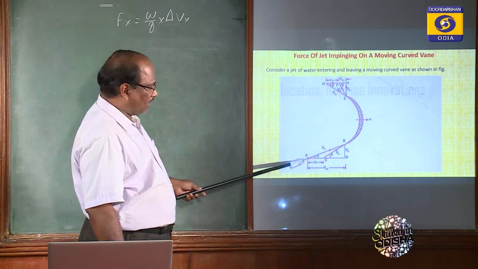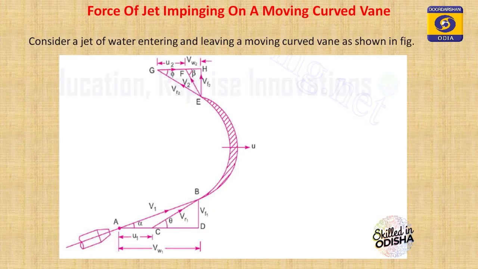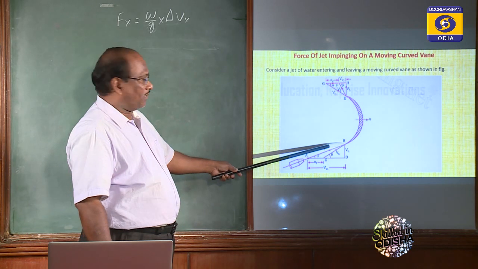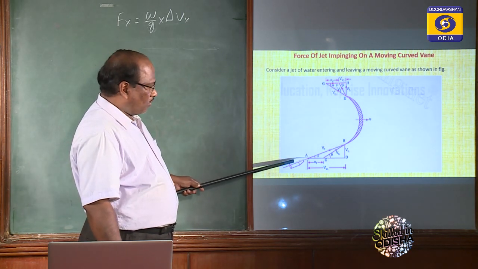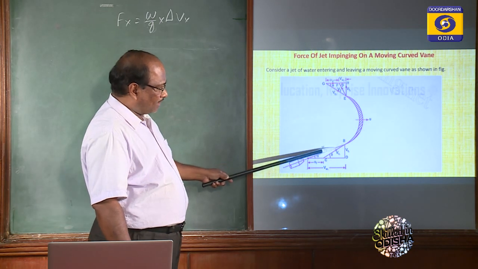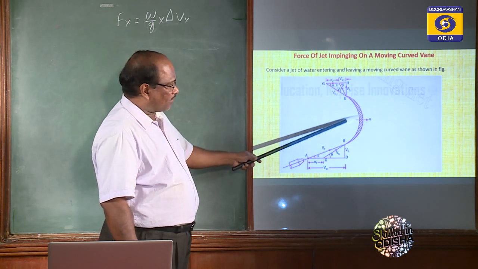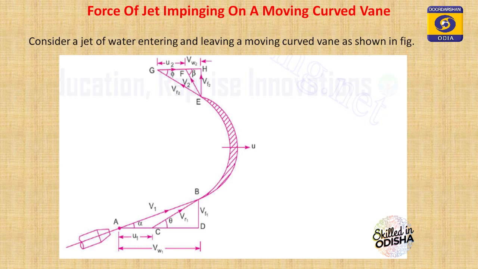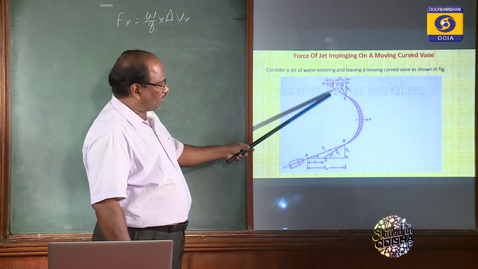The jet with high velocity strikes the curved vane at point B, the inlet tip. Gliding over the inner surface of the curved plate, it leaves with relative velocity and absolute velocity.